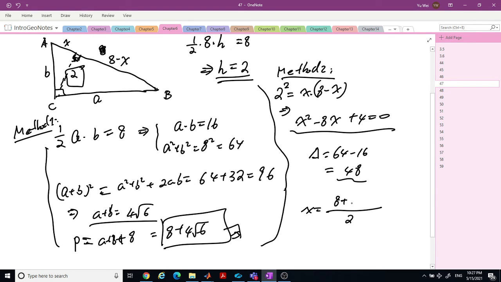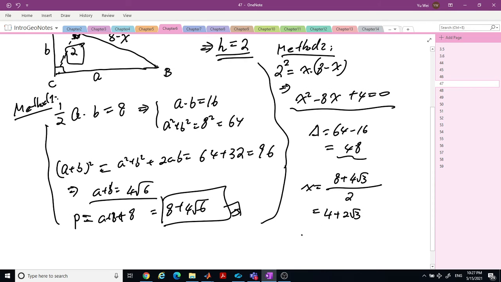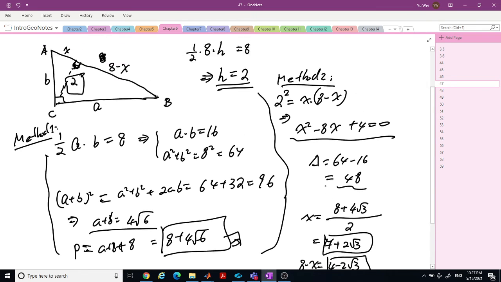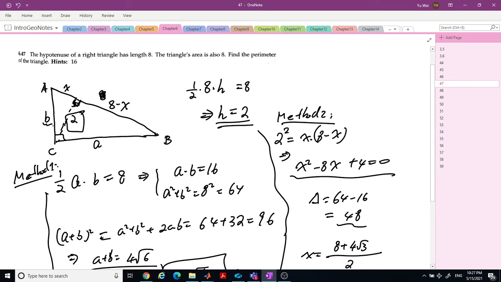Okay, let's take one of them. Then you can use the Pythagorean theorem to solve for a and b, right?